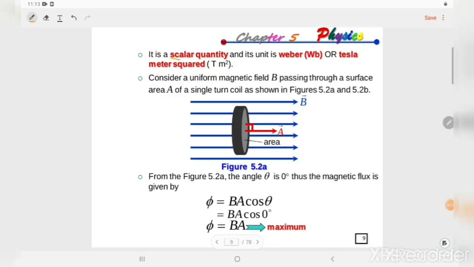Magnetic flux is a scalar quantity and the unit is Weber or Tesla meter square.